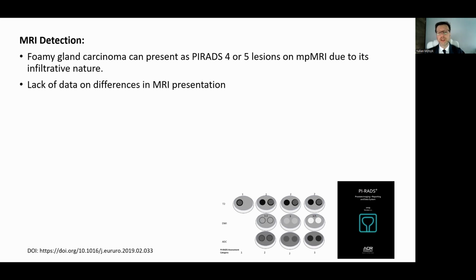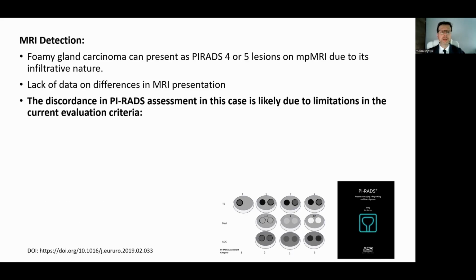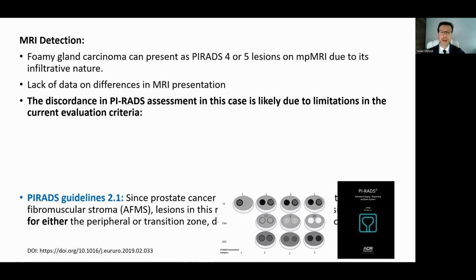On MRI images, these lesions can present as PI-RADS 4 or PI-RADS 5 lesions due to the infiltrating nature, but there is no data in the literature on differences in MRI presentation. The discordance in PI-RADS assessment in this current case is likely due to limitations in the current evaluation criteria.